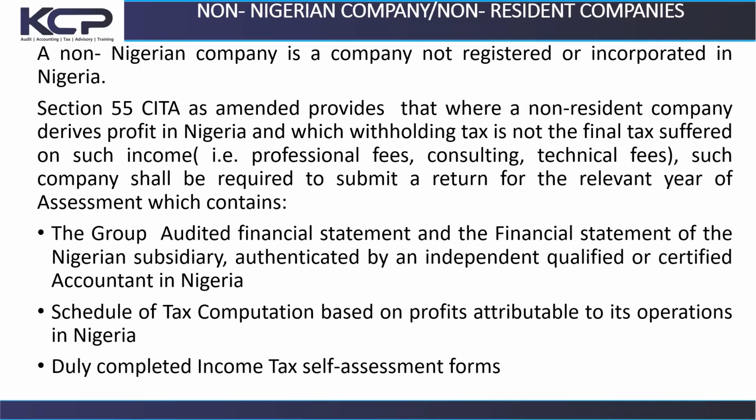Do you understand? And on the premise of that, they have done the computations and they have ascertained the tax due. But most of the time, when these categories of companies are to file the returns, they can ascertain the portion of the total income that is accruable to Nigeria. But it is very difficult for them to ascertain the portion of their total expenses that is accruable to Nigeria.